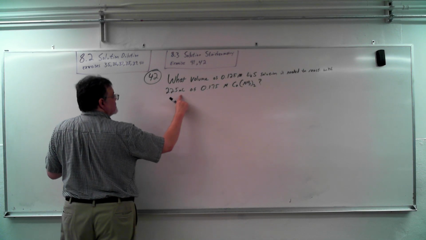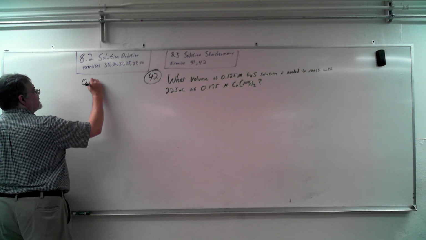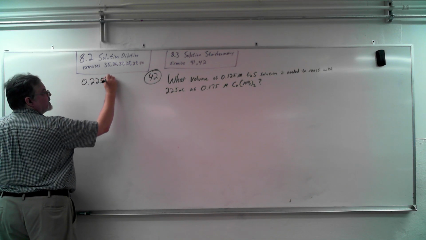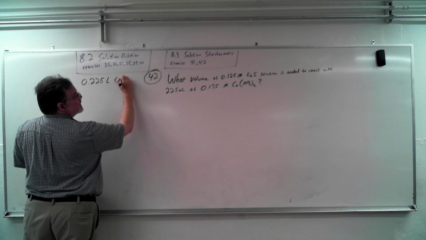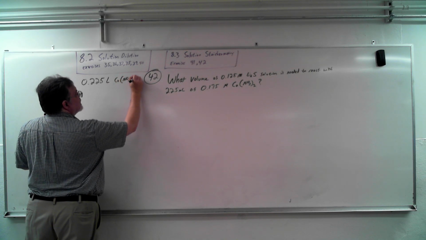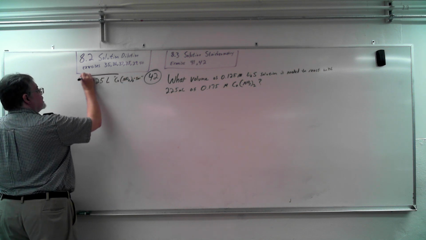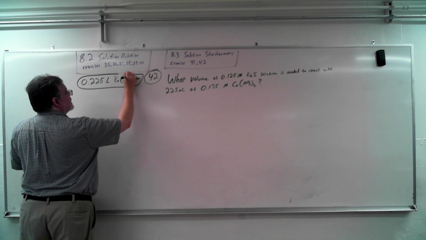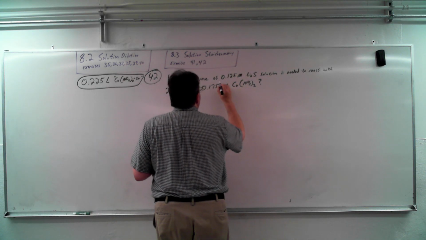I would turn this 225 into 0.225 liters. Is that what you're going to start with? Yeah. Liters of cobalt nitrate. There's that.